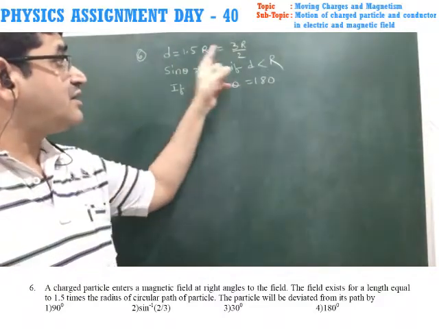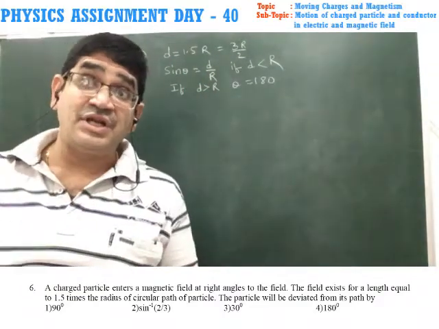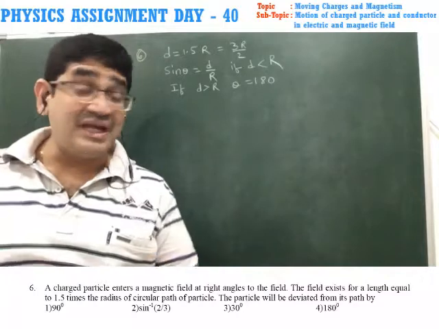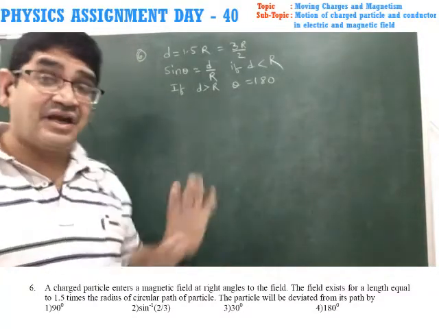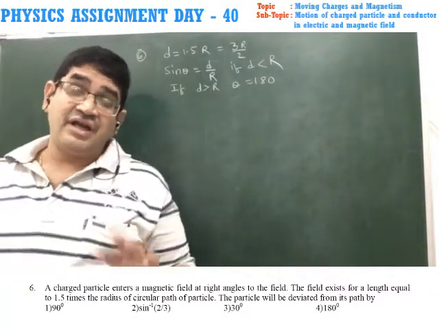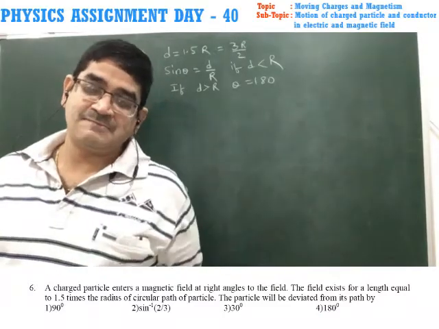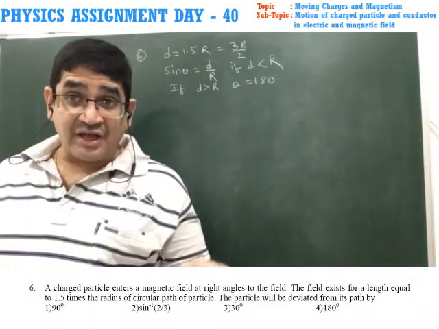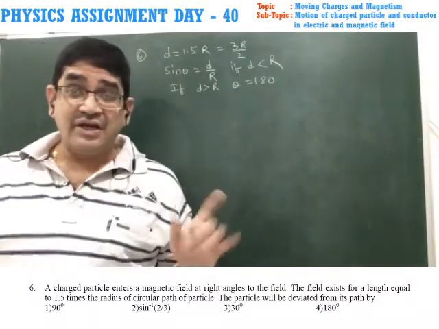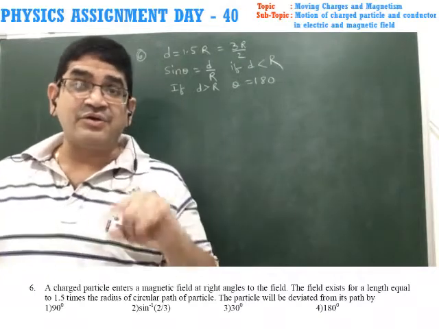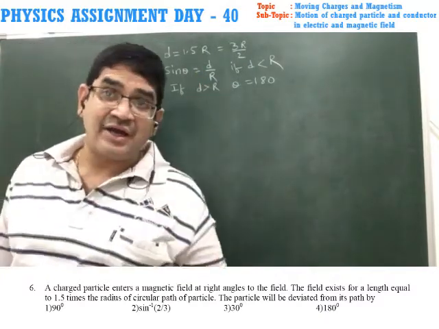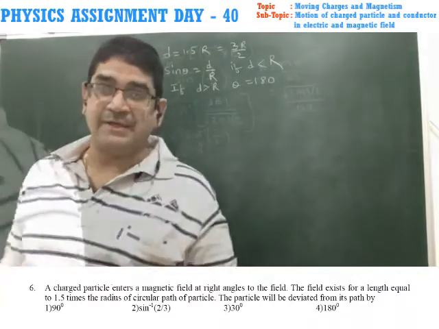But here D is not less than R, D is 3 by 2 times R, meaning D is greater than R. If D is greater than R, the answer will be theta equal to 180 degrees. If D is less than R, you have to use sin theta. But here D is greater than R, so the answer will be 180 degrees.